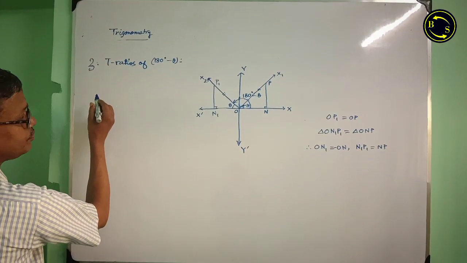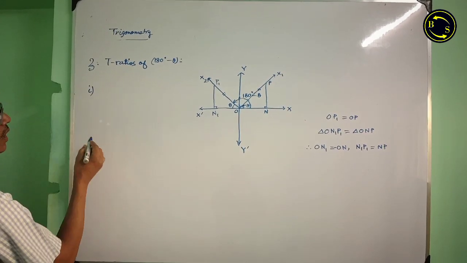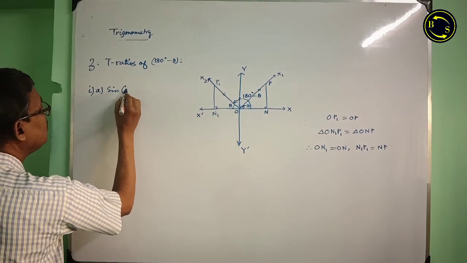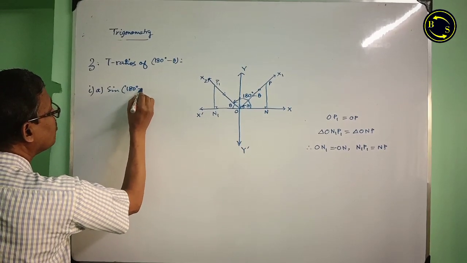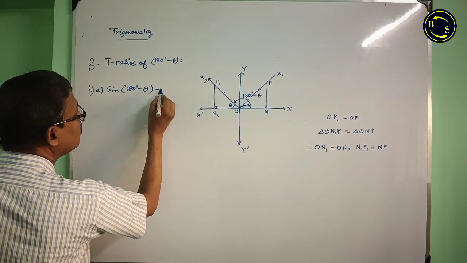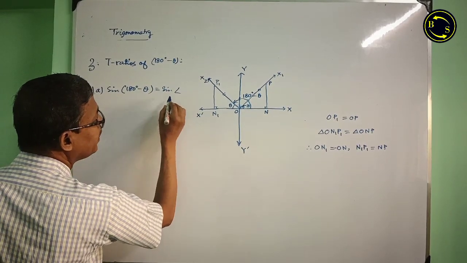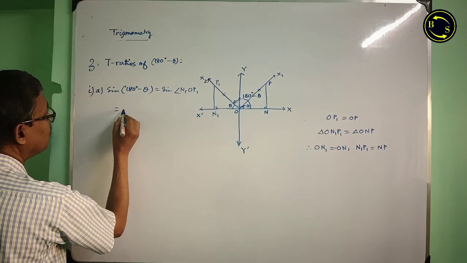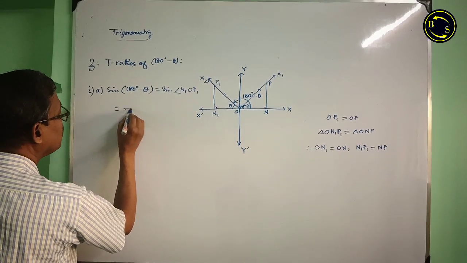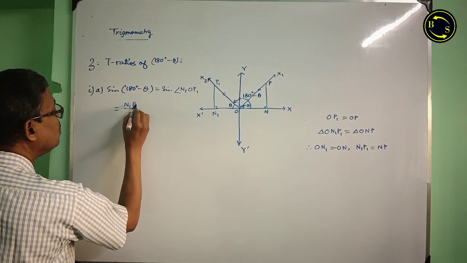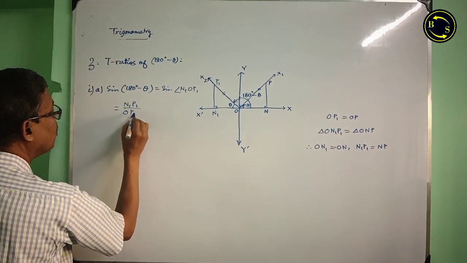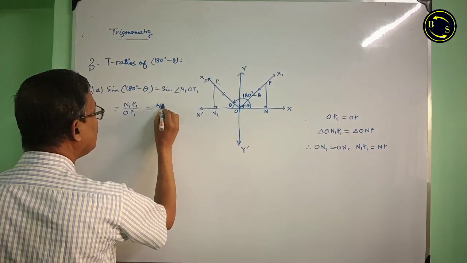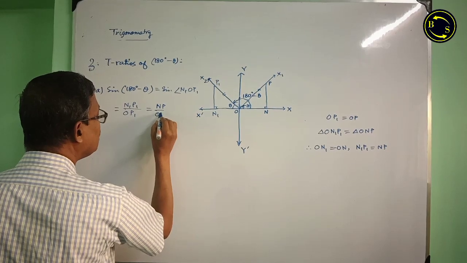Now, let us calculate the trigonometrical ratios. Sine 180 degree minus theta will be equal to sine of angle N1P1O, perpendicular by hypotenuse, perpendicular is N1P1 by OP1. N1P1 already we have got NP by OP.